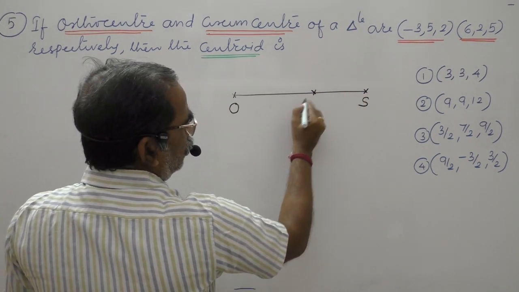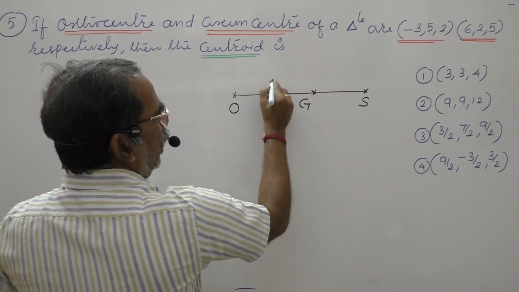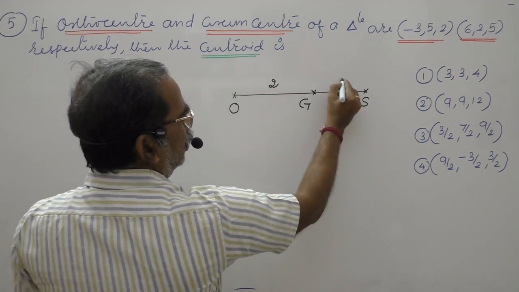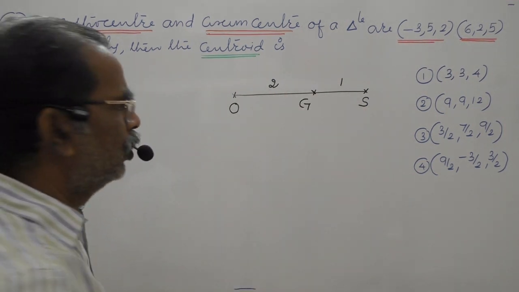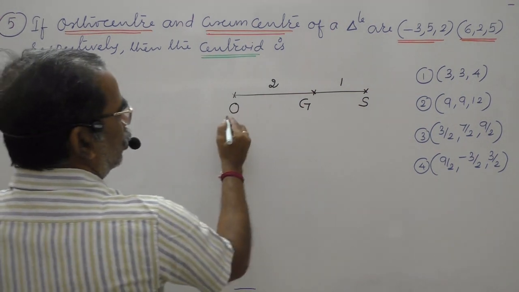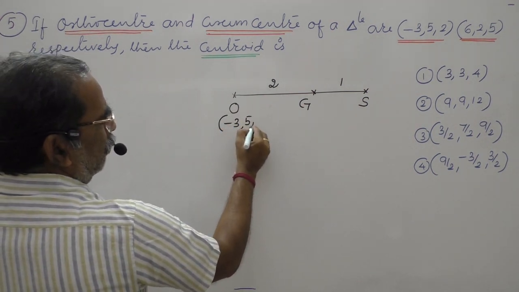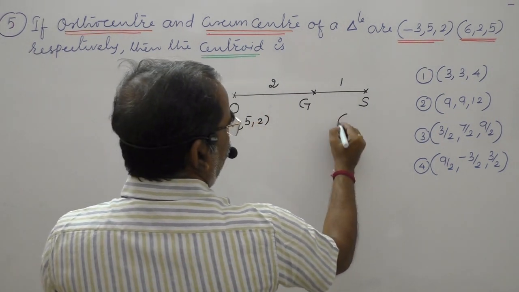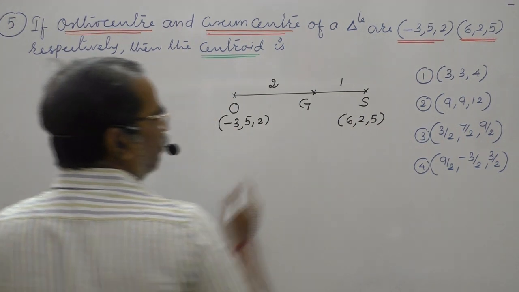In between these two, the centroid will be there. These three are collinear and G divides OS in the ratio 2:1 internally. That's all. So the orthocenter is -3, 5, 2, and the circumcenter is given 6, 2, 5.